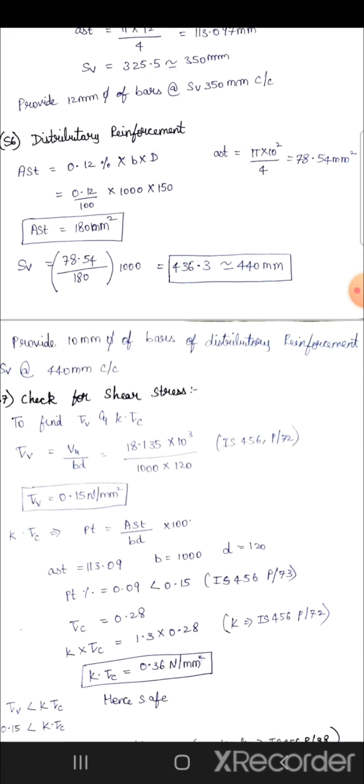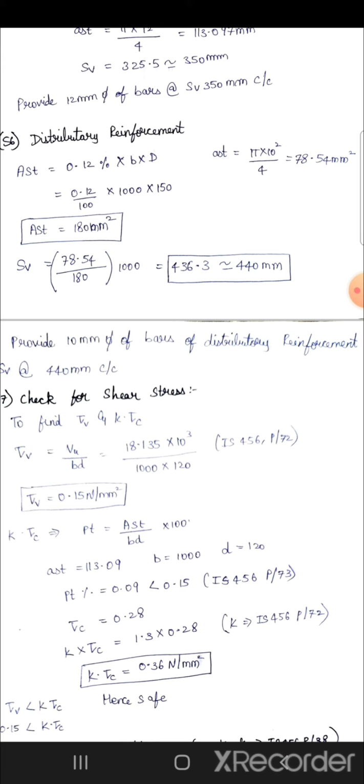Next step is finding distributed reinforcement. Spacing formula is small AST by AST into 1000. AST formula is 0.12% into breadth into overall depth. Answer is 180 mm. Small AST formula is pi d square by 4. D is 10 mm.